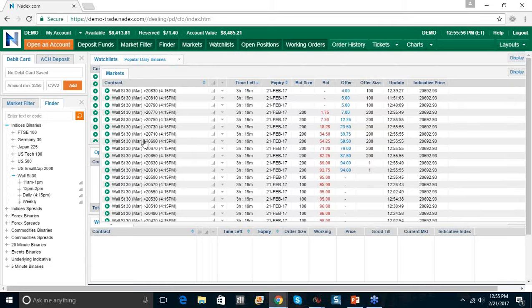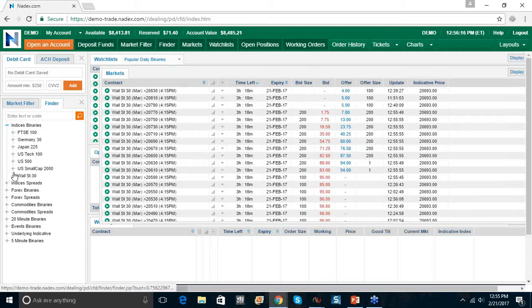The closest one would be between these two. Right now the spread's gone down to about 690, so here's a 690 right here. We can buy this binary, the 20,690, for $60. See that? 60 bucks.